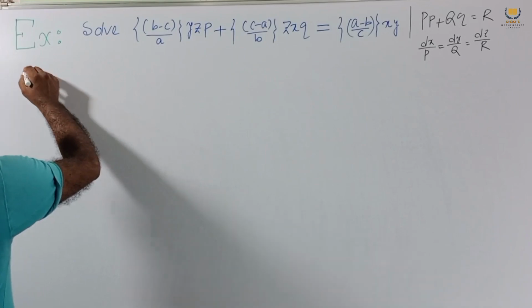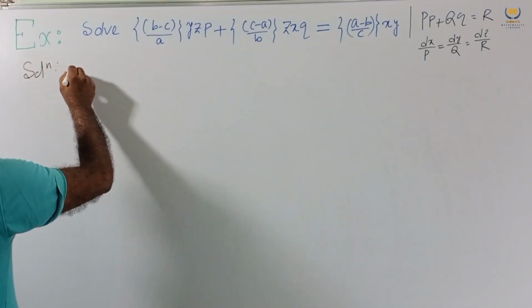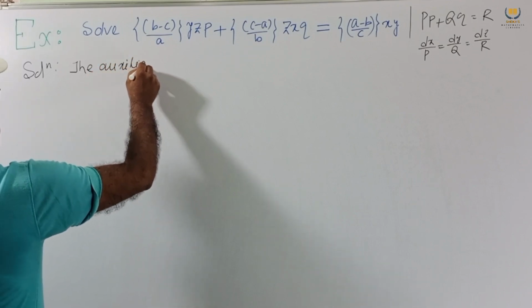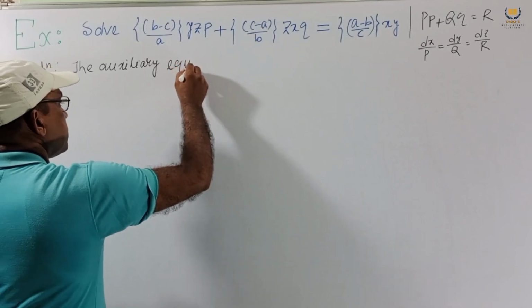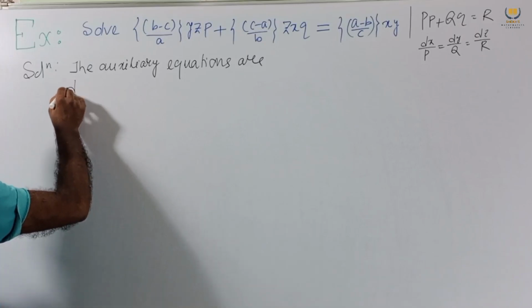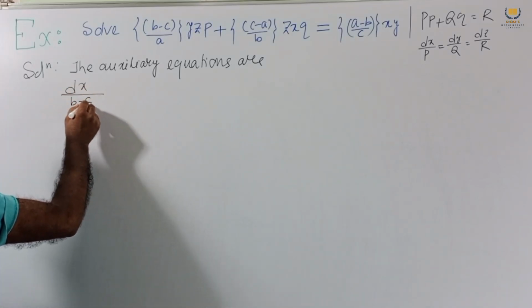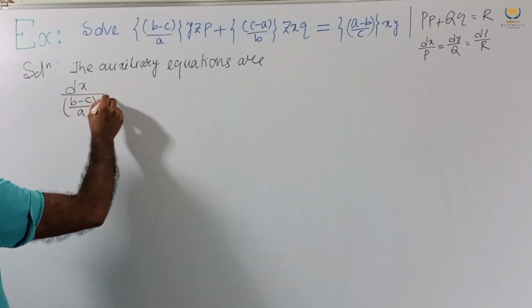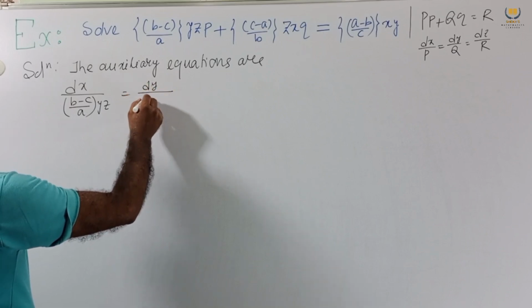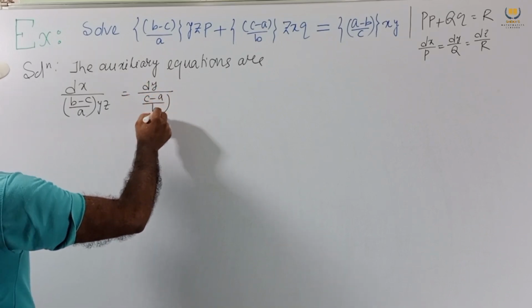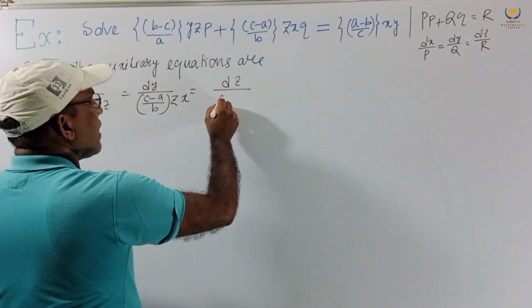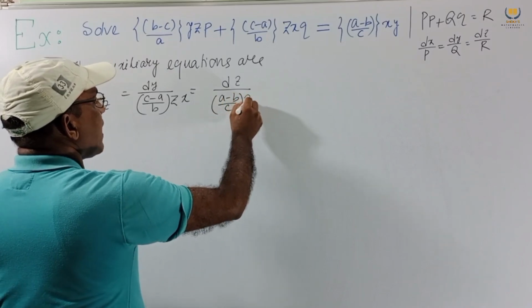So the auxiliary equations are dx by (b minus c)/a yz, dy by (c minus a)/b zx, and dz by (a minus b)/c xy.